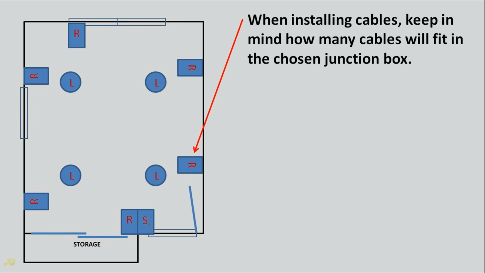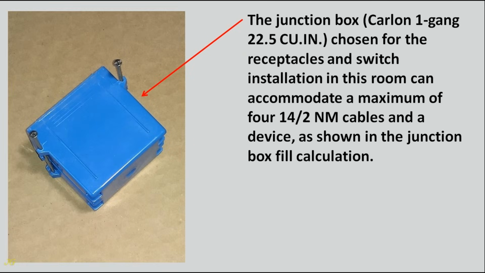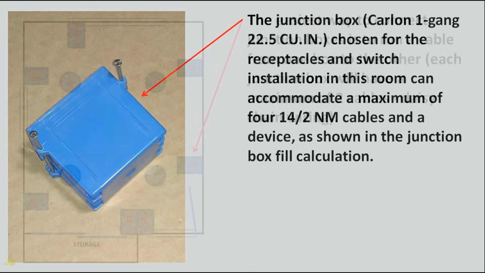When installing cables, keep in mind how many cables will fit in the chosen junction box. The junction box, Carlin 1 gang 22.5 cubic inches, chosen for the receptacles and switch installation in this room can accommodate a maximum of 2 NM cables and a device, as shown in the junction box fill calculation.